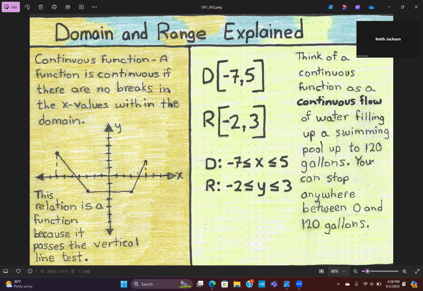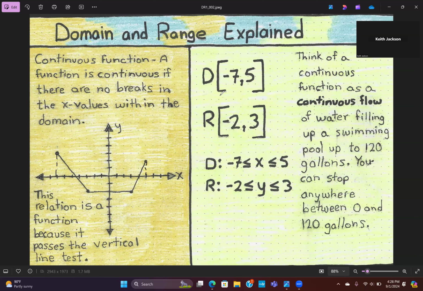And let's take a look at the range. In the range, where does it begin and where does it end? It doesn't go any lower right here than -2. And let's go up, and it doesn't go any higher than +1, 2, 3. And so our range values will begin at -2, and the highest it will go is +3.